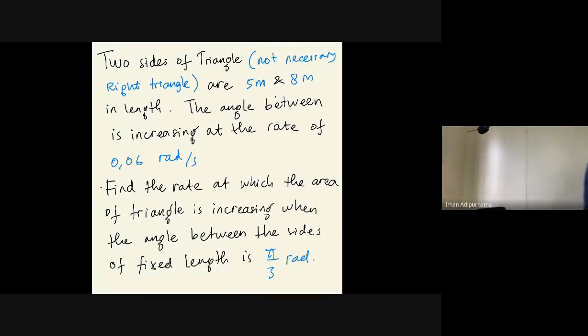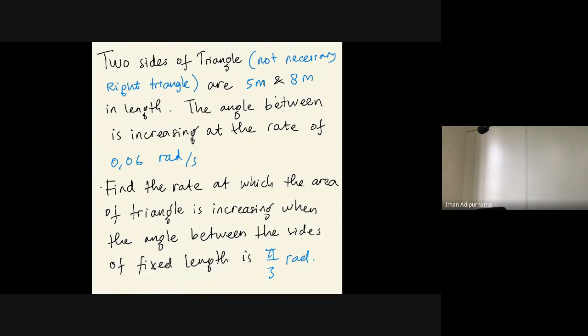Two sides of a triangle. It's not necessarily a right triangle, meaning it's not a 90-degree triangle. So it is a random triangle. The two sides are 5 and 8 in length. The angle between them is increasing. Let's say theta is the angle between the sides, and it's increasing.